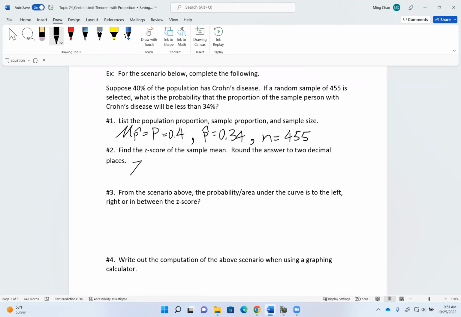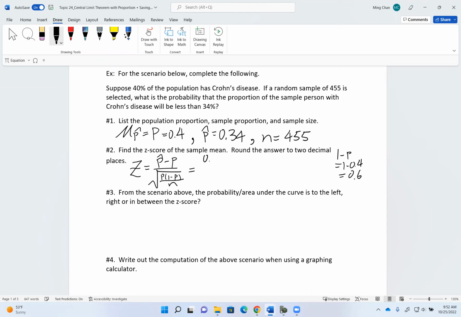So the z is equal to the p hat minus the true population proportion, divided by the square root of p times 1 minus p, or q, divided by n. So it's easier to figure out what 1 minus p is here. If p is 0.4, 1 minus p is 1 minus 0.4, which is 0.6.